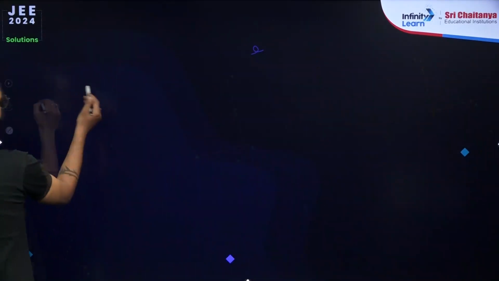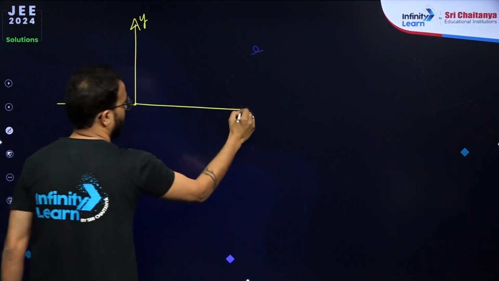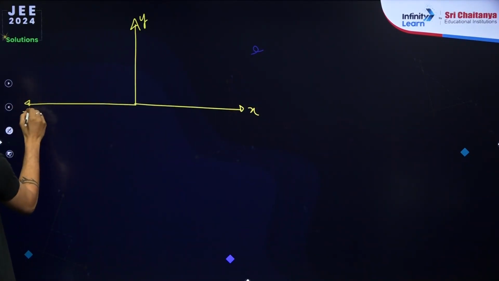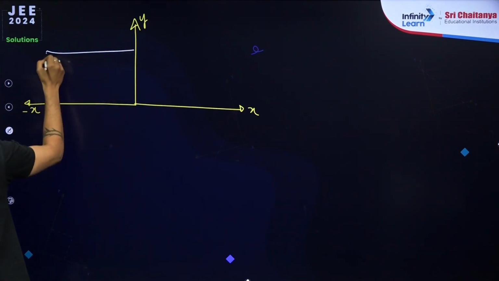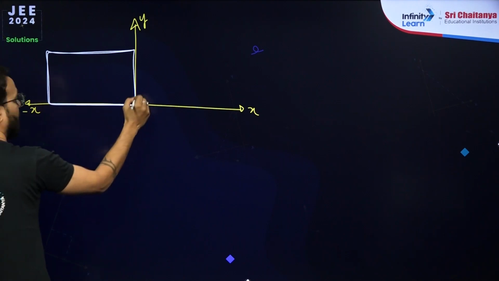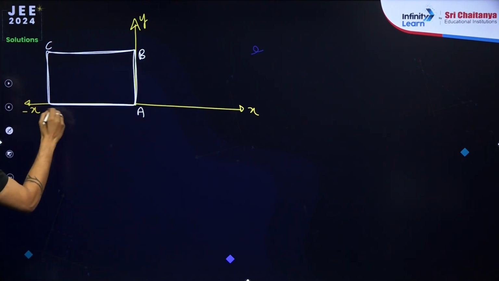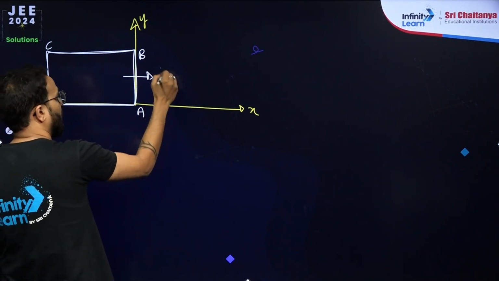Now look here carefully. This is the y-axis, this is the x-axis, this is minus x, this is the loop. So let's name the loop A, B, C and D. Now this loop is moving here with a velocity v.